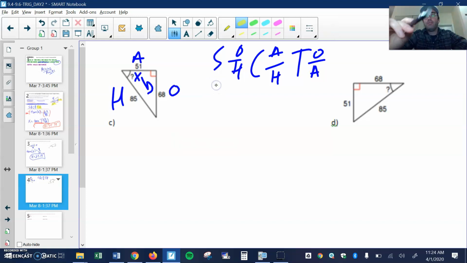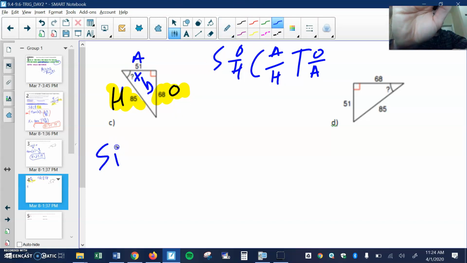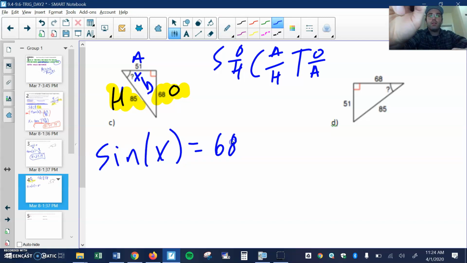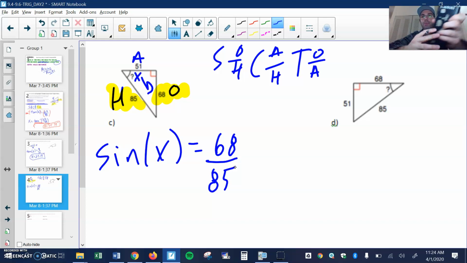Some people have a favorite. Now, as you all know me, I don't play favorites. I'm just gonna pick sine for this one, just because the first one, it's not my favorite. Don't quote me on that. So I'm gonna say sine of X equals 68 over 85. Show your setup, people. Then I'm going to do the sine inverse. I'm going to use my graphing calculator here.